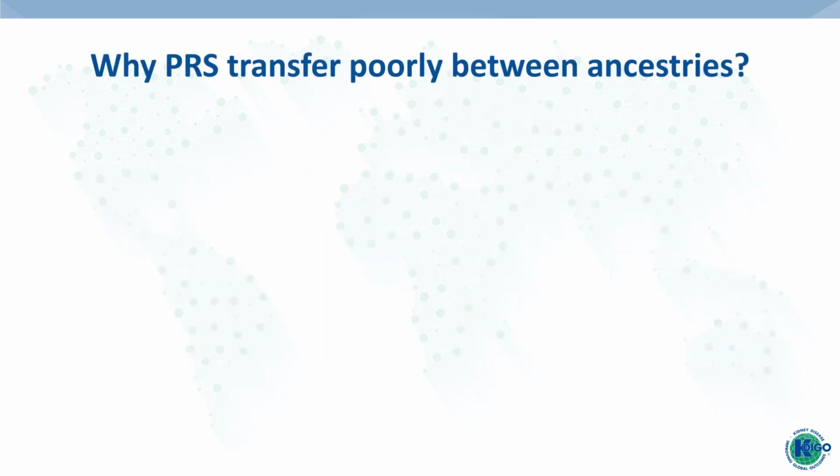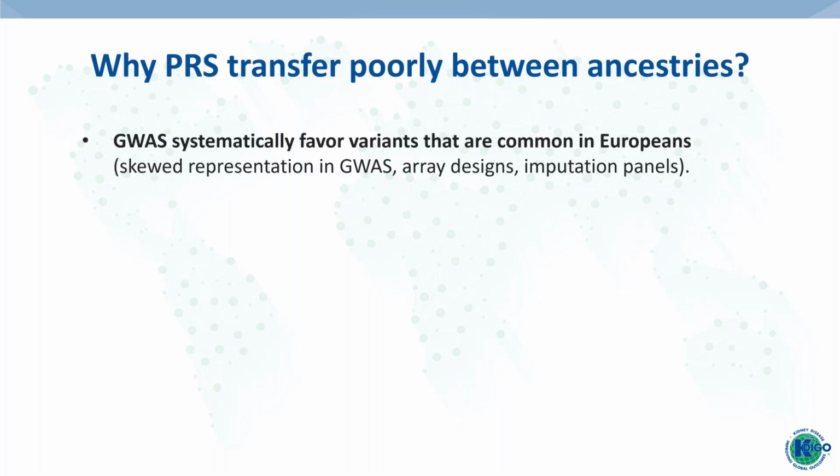So one might ask why PRSs transfer poorly between ancestries. Well, of course, one explanation for this is that GWAS systematically favors variants that are common in Europeans just because of the skewed representation of Europeans in GWAS. But this actually extends beyond just the representation of patients in the existing GWAS studies.